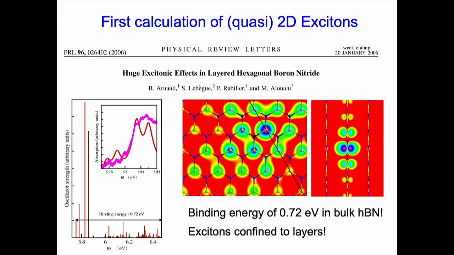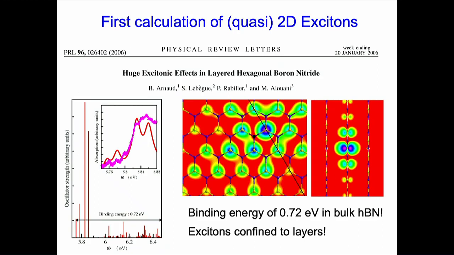So the electron that you excite remains mostly on the same layer as the hole that was left behind in the valence band. So even though you are dealing with a bulk material, you are seeing quasi-two-dimensional excitons. And that explains the rather strong binding energy of 0.72 eV, so 720 milli-electron volt, which is rather huge for excitons in bulk materials.